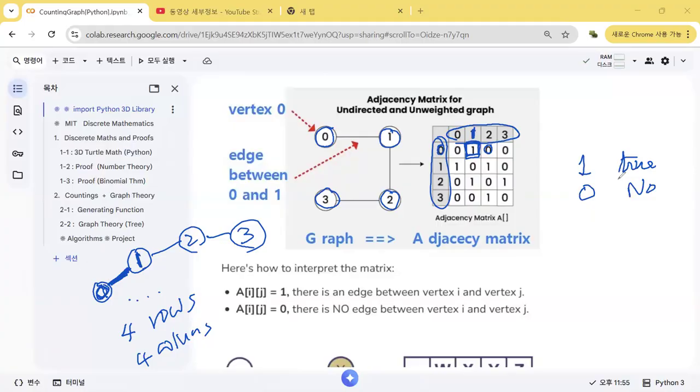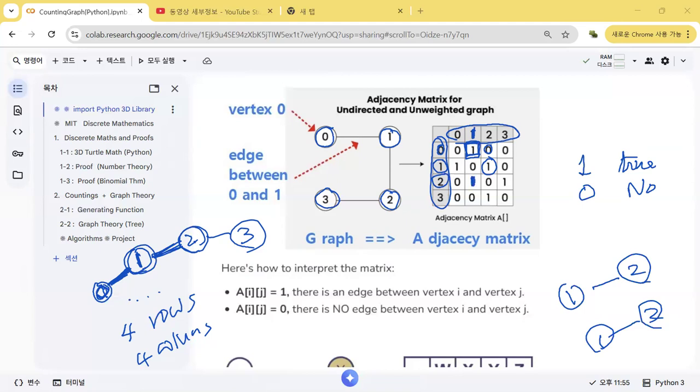And then how about 1 and 2? There is an edge, so there is a 1 there. Then how about 2 and 1? 1 is connected to 2, but also 2 is connected to 1. So for 2, 1, there is also 1.